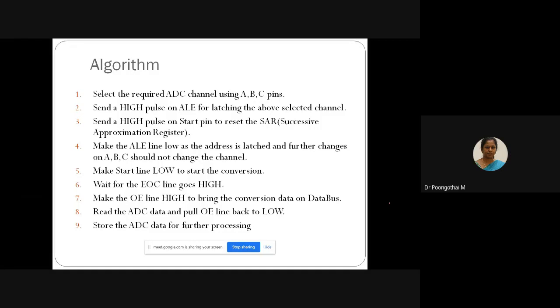First, select the required ADC channel using the ABC pins. Next, send a high pulse on ALE for latching the selected channel. For example, if channel 0 is selected, your ABC will be 000, and this information will be latched into your ADC using the ALE signal.